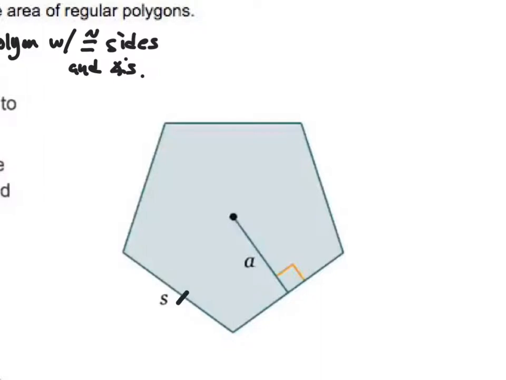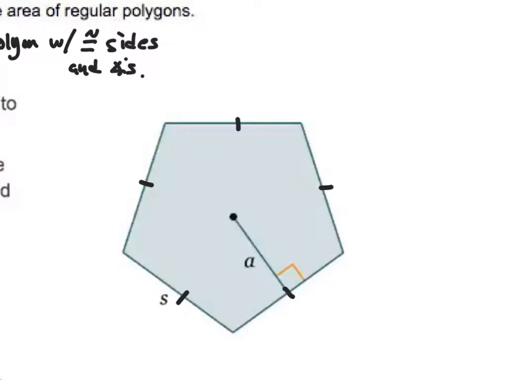All of these lengths are congruent to each other, and all the angles are congruent. Now what I want to show you is the apothem, the length from the very center of the polygon out, perpendicular to one of the sides.